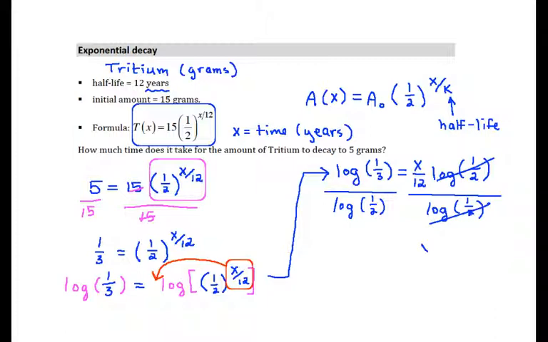And then I have just x over 12 on the right-hand side equal to this whole thing, which I don't necessarily want to write again. At this point, I would multiply both sides by 12. Actually, I'll go ahead and write it again now with the 12 in there. So it's going to be 12 times the log of 1/3 over the log of 1/2. And that is the expression that I'm going to enter into a calculator.